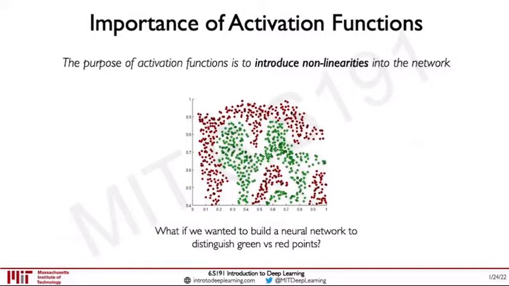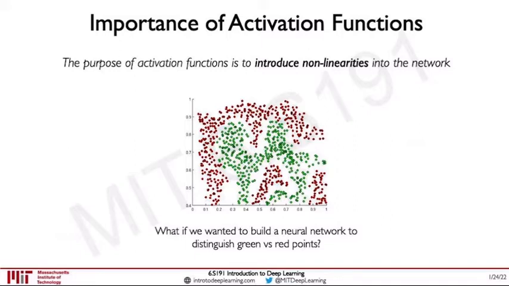So what is the importance of the activation function? Like I said, the purpose of the activation function is to introduce non-linearity into the network. Let me tell you this, before we can apply a neural network model, we realize that the situation is highly complicated.